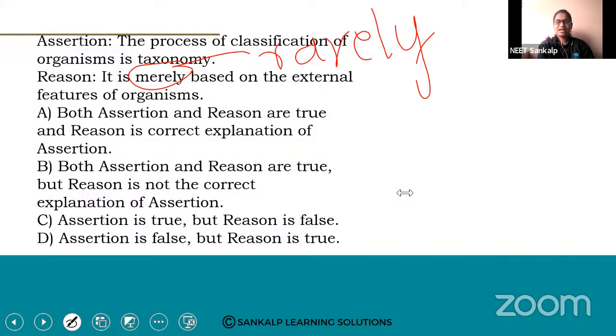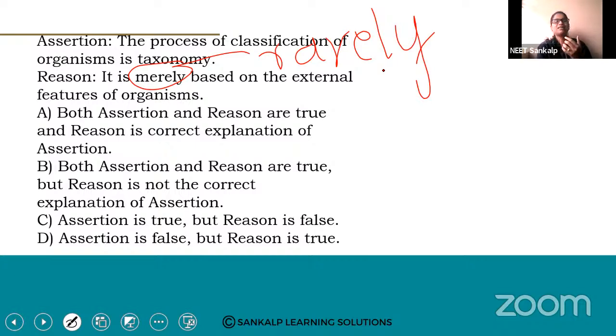Yes, Darshini answered it. So the right answer here is both assertion and reason are true, and reason is not the correct explanation. It is merely based on external features of organisms is a wrong statement, guys, because some of the classification is totally based on external or morphological features.